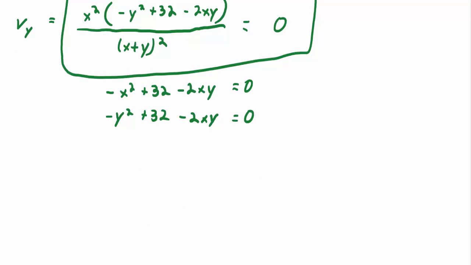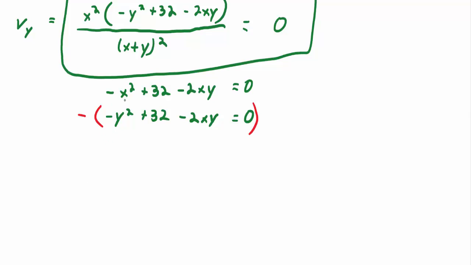Anybody think of a good way to, I mean, yeah, you think this is an ugly system of equations, but is there a method of solving systems of equations that might come in handy here to get rid of some variables, to eliminate them? Big hint. Remember the elimination method? Let's subtract the bottom equation from the top equation. What do we get?